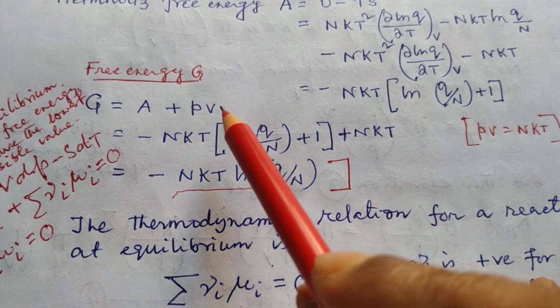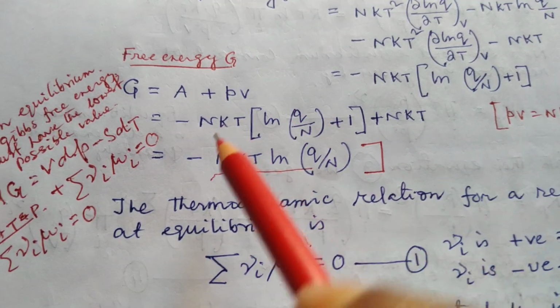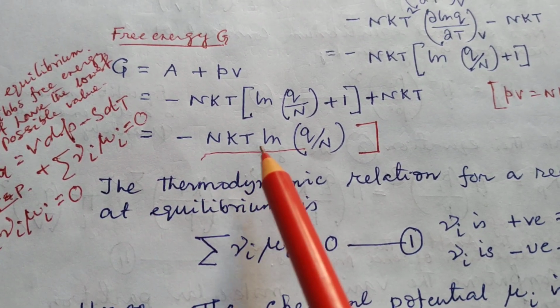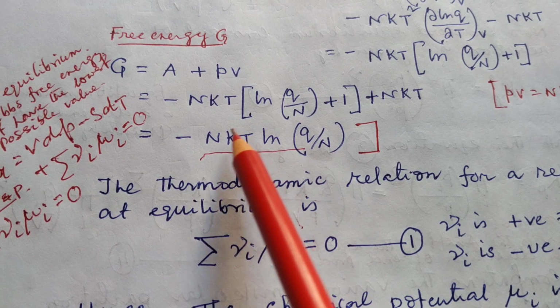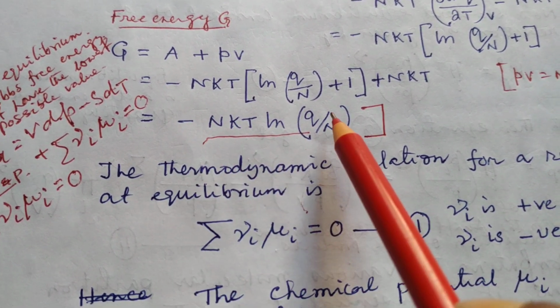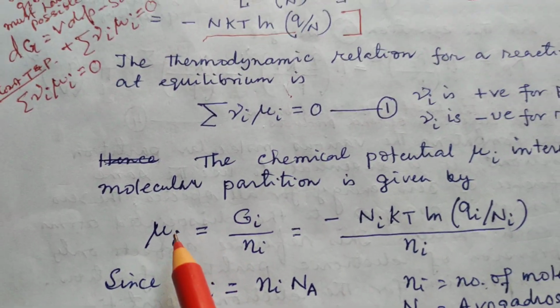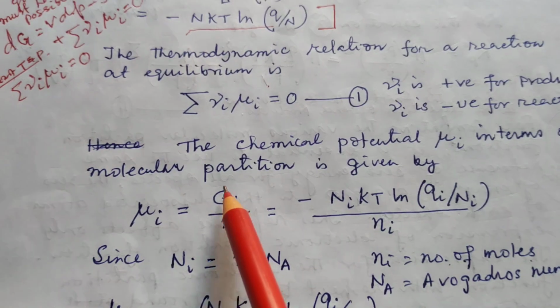So we put the value of NkT for PV, and we get G equals minus NkT ln(q/N). This is the expression for the free energy. Now, the chemical potential mu_i equals free energy per mole.